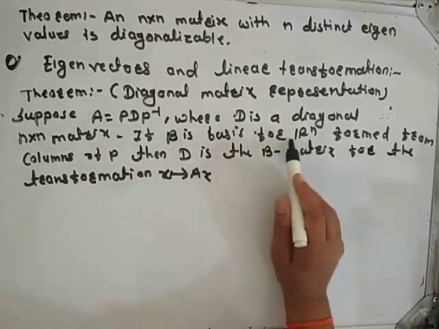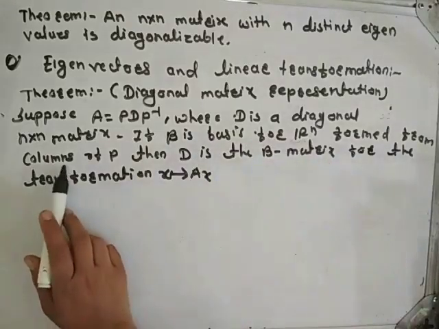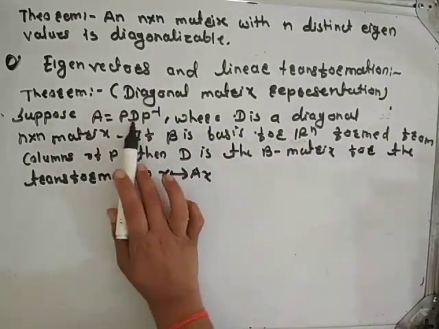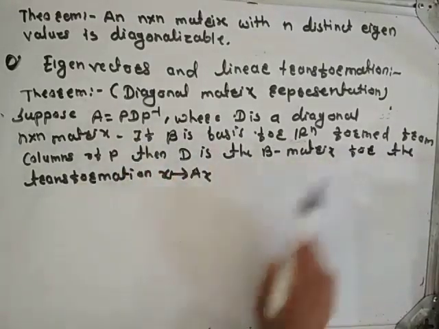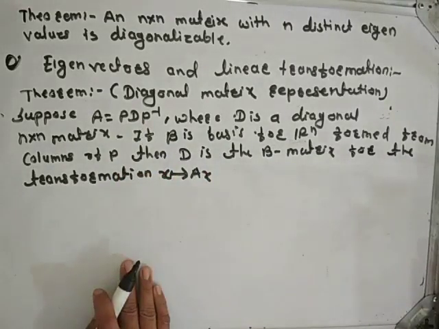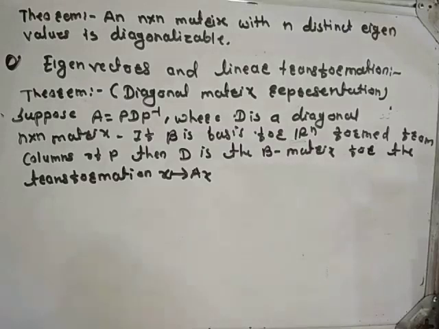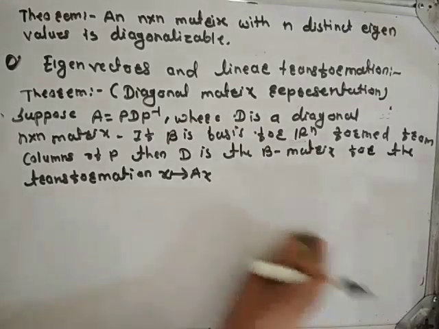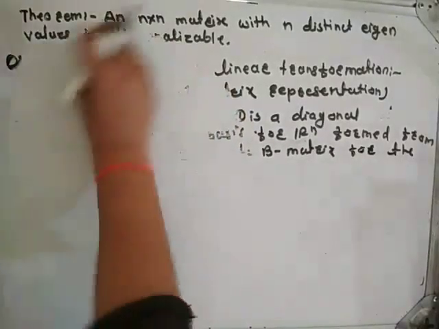If B is a basis for Rn formed from the columns of P, then D is the B matrix for the transformation x to Ax. Okay, now we will see some examples.